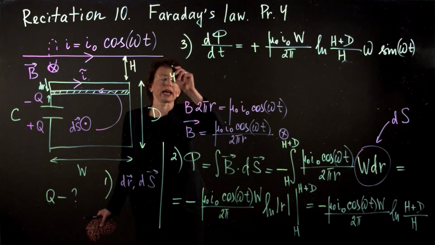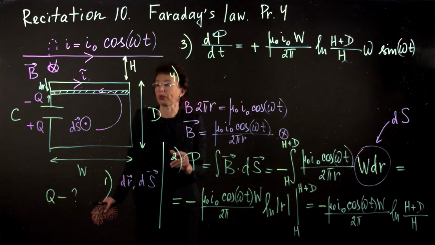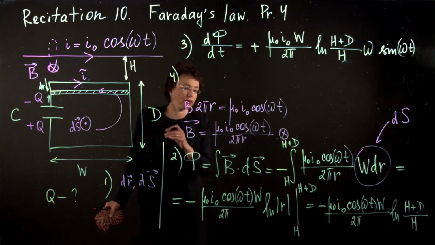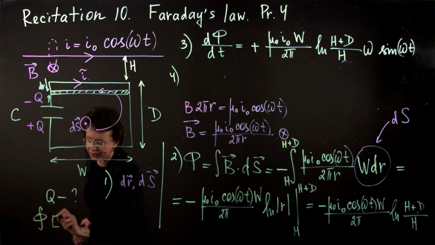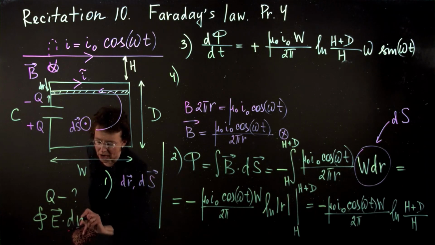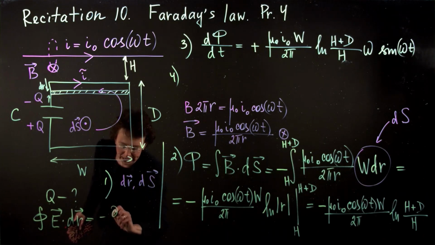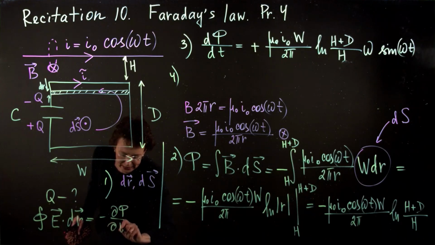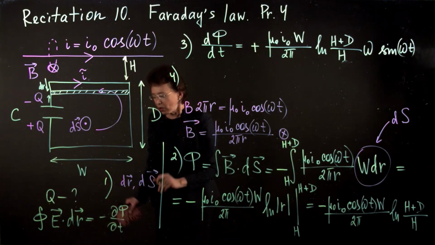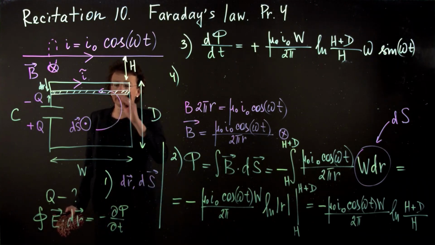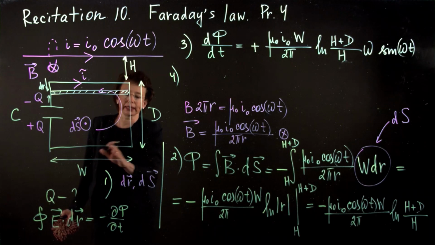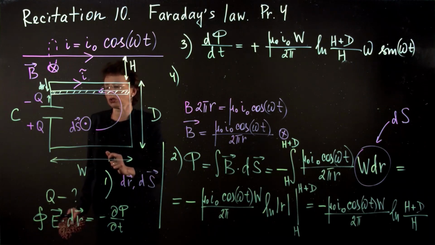What is the next step? Next step is to work with the left-hand side of Faraday's law. We need to find integral E dot dr. I remind you that they told us in the problem that the resistance of the circuit is 0.